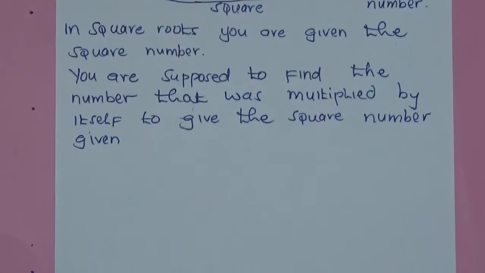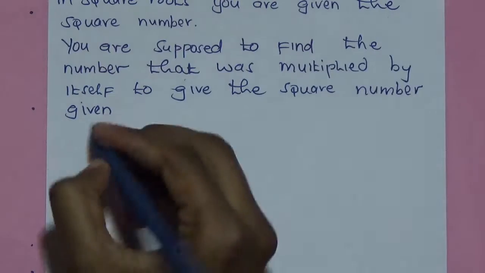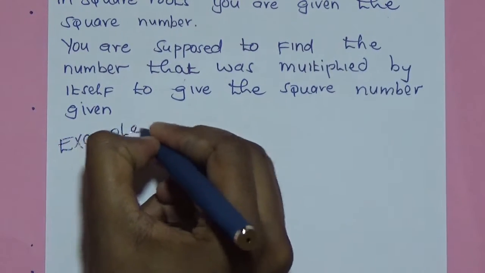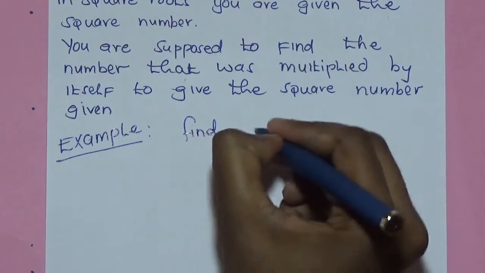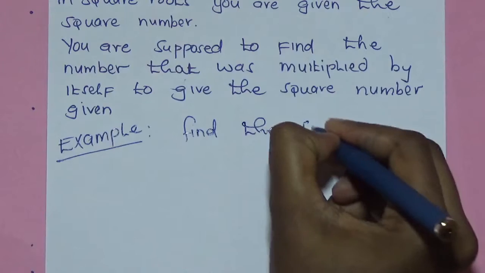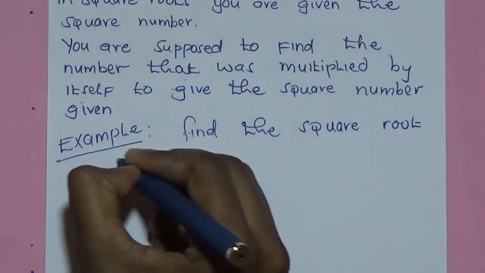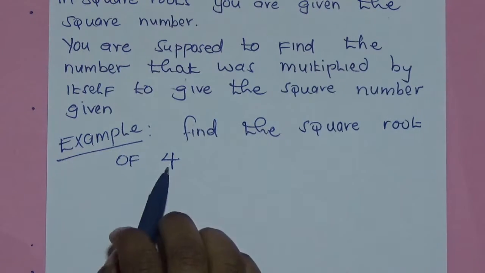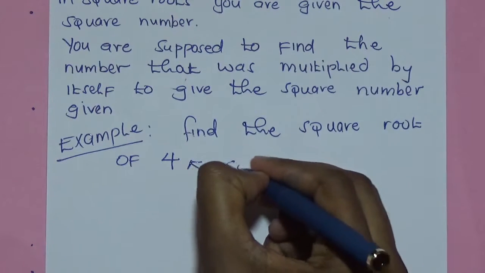For example, we are going to use the same example. If you are told to find the square root of 4, 4 is a square number.